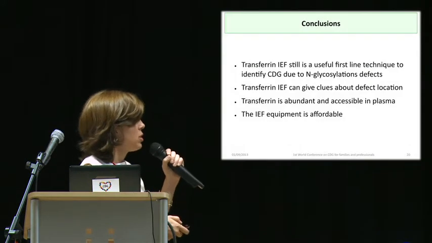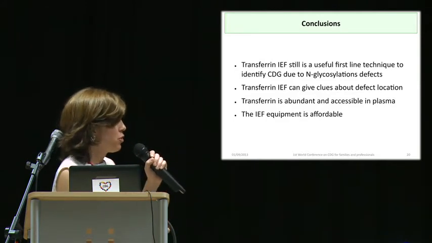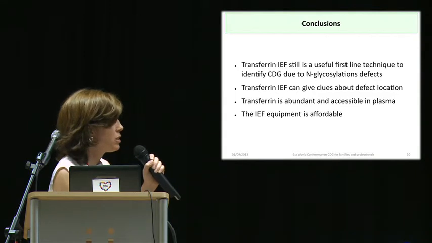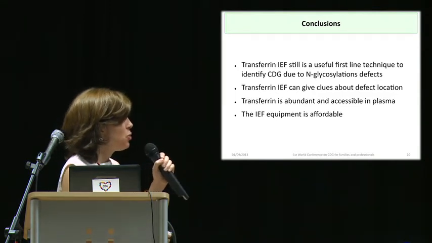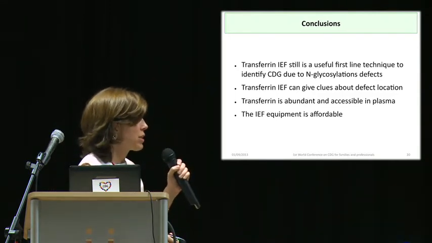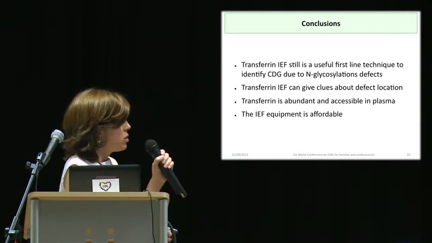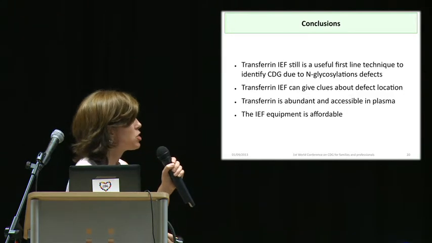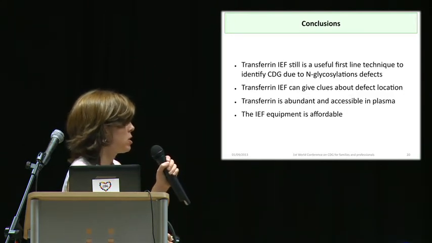In conclusion, transferrin isoelectric focusing is still a very useful first-line technique to identify CDG due to N-glycosylation defects. Still, transferrin isoelectric focusing can give us clues about defect location.